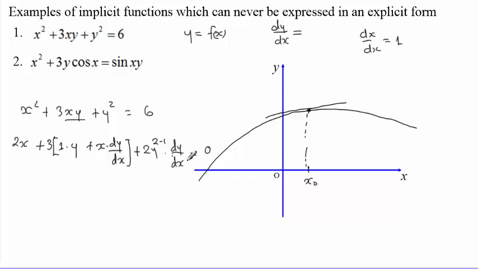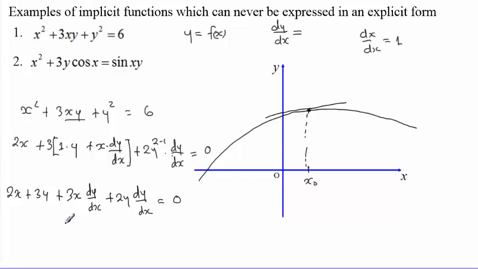Now we've got dy/dx in our equation. We've got to make it the subject of the formula. So we just have to reorganize this, and then we've got here 2x plus 3y plus 3x dy/dx plus 2y dy/dx equals 0.